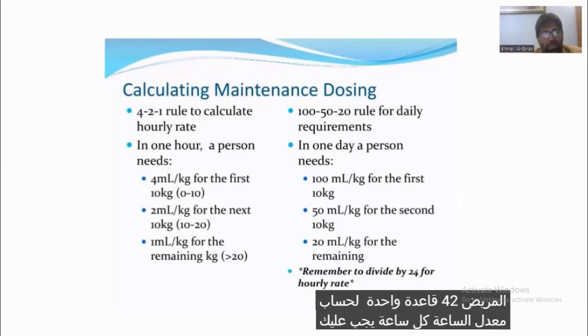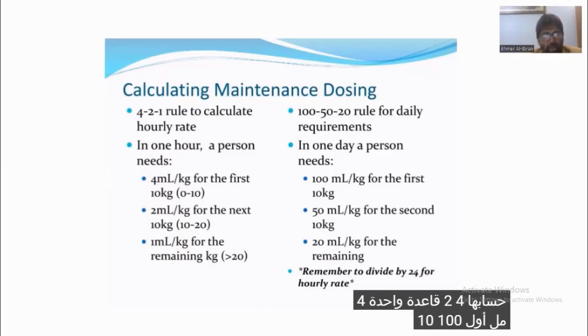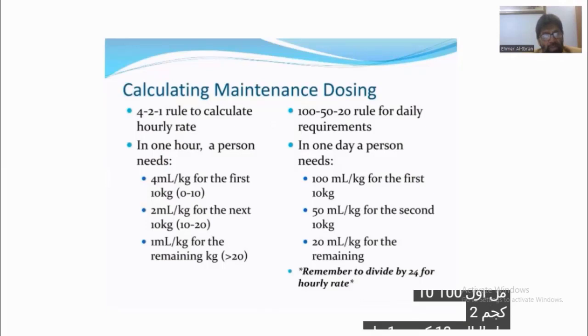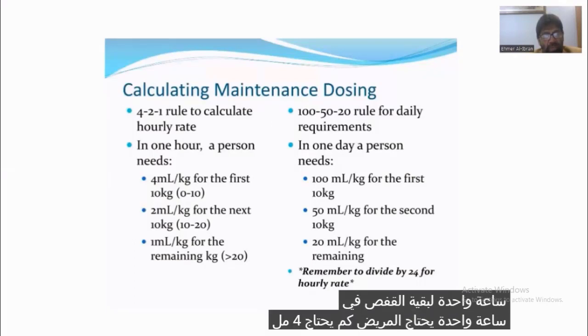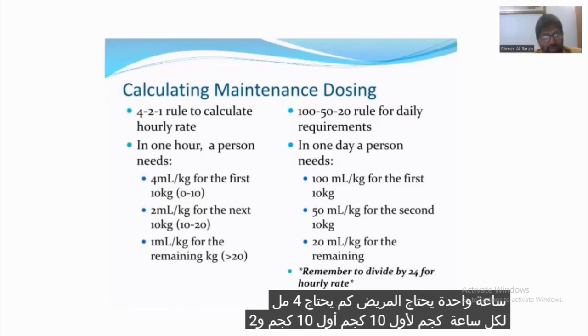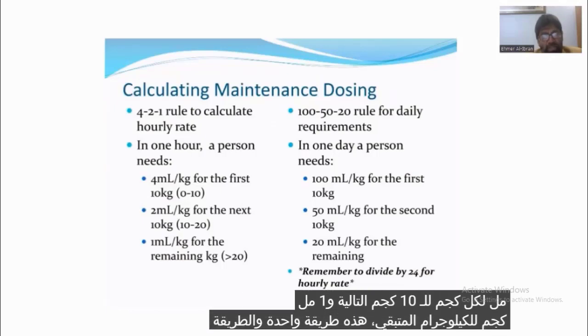Every hour you can calculate it. 4-to-1 rule: 4 ml first 10 kg, 2 ml next 10 kg, and 1 ml per hour for the rest of the kgs. In 1 hour, how much does a patient need? 4 ml per kg for the first 10 kgs, and 2 ml per kg for the next 10 kgs, and 1 ml per kg for remaining kg. This is one method.